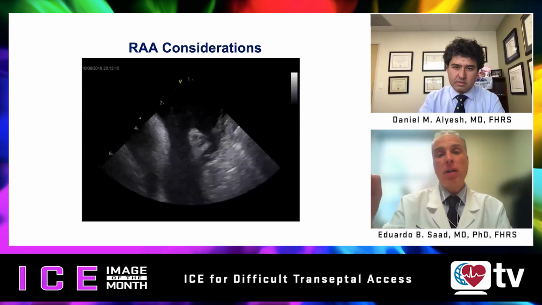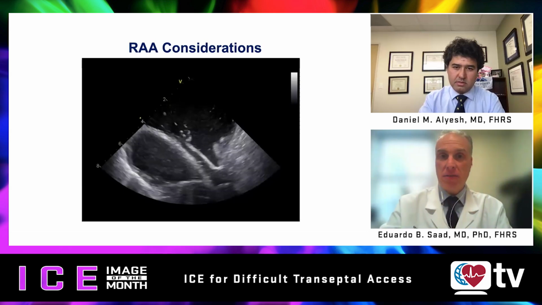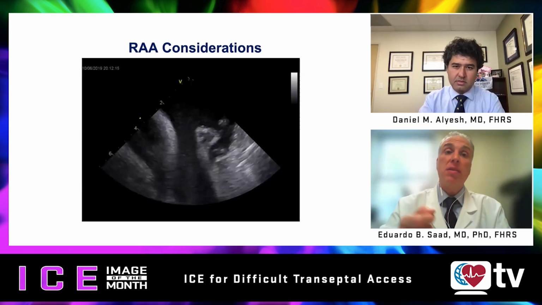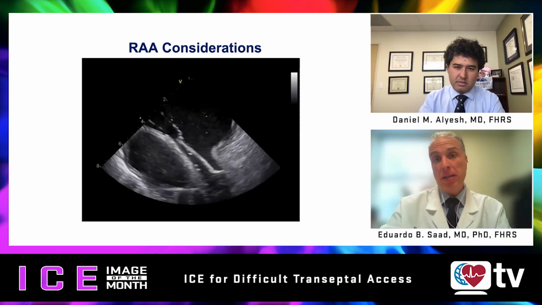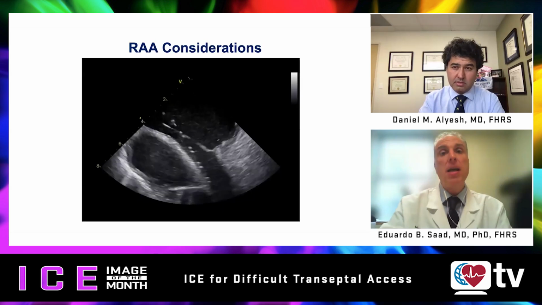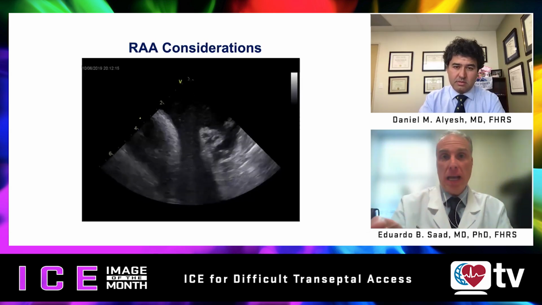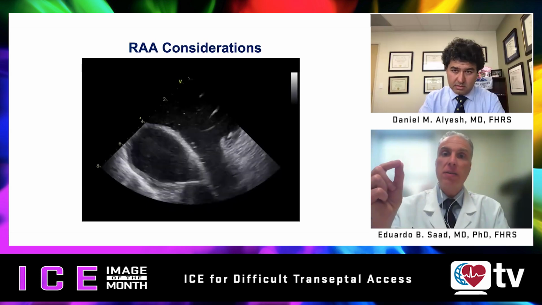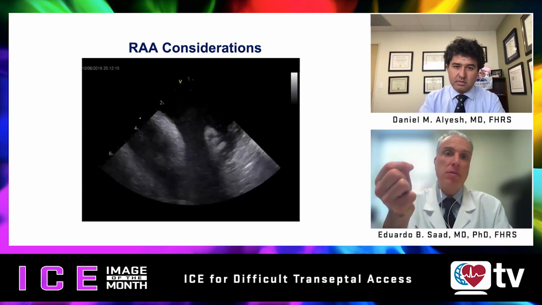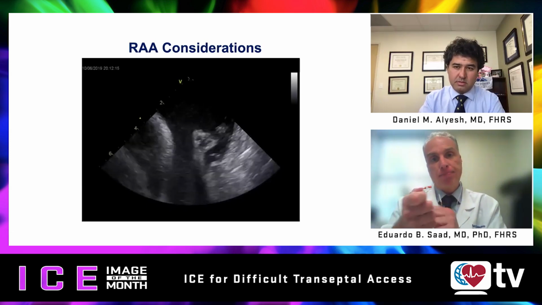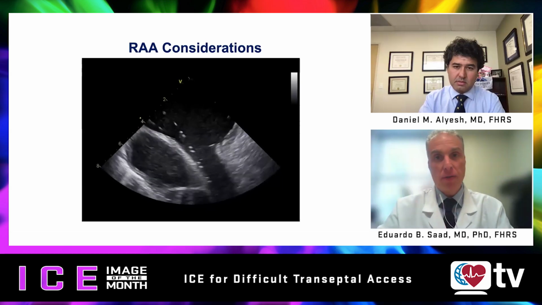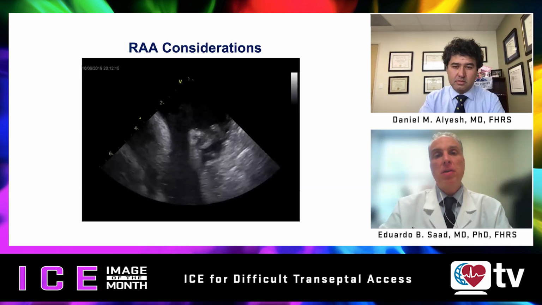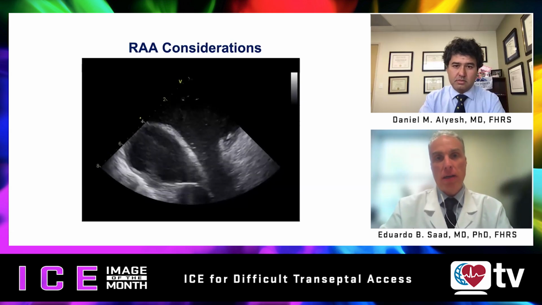It's very important that we make sure that the wire is in the SVC before advancing over the wire, because if it's in the right atrial appendage and you start pushing the sheath in, you might come to the end of the wire, and the tip of the dilator, which is very pointy and very thick in terms of pushability, can actually perforate the right atrial appendage. So this is a simple maneuver, but you have to make sure that you are in the SVC.